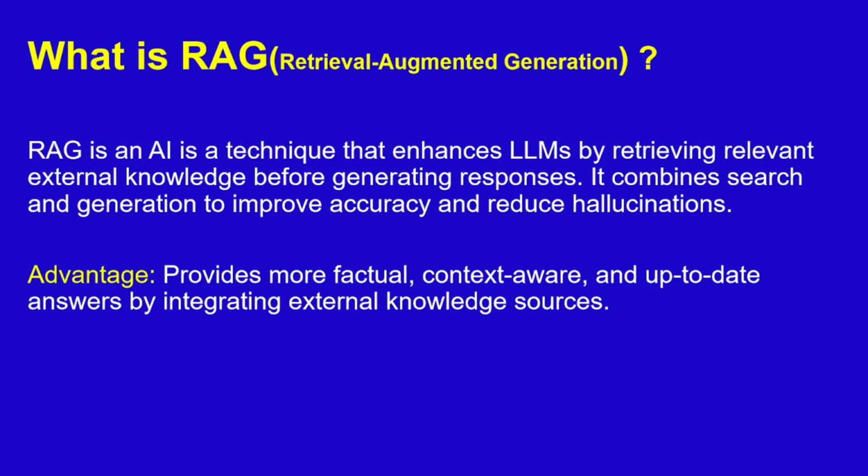The main advantage here is that generally, if you use LLM models, they will give answers based on what is currently fed or what has been fed so far. But if you want to give additional, contextual or up-to-date answers, then you can use RAG so that you can feed the latest or up-to-date data or information to your LLM models.